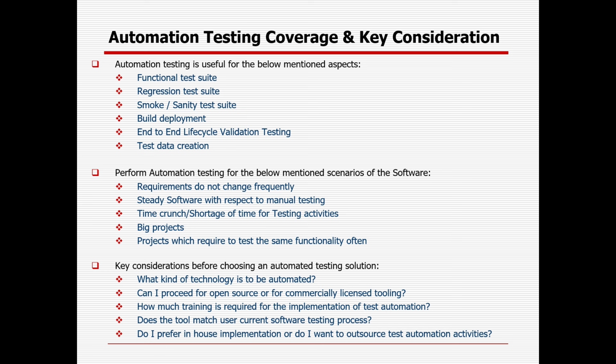Because for open source tooling some challenges might be there, but for commercial tooling you need to pay the license cost, the customer or the project needs to bear it, but they can get a lot of benefit, because real-time support and documentation are provided by the vendor, since you are buying the license.